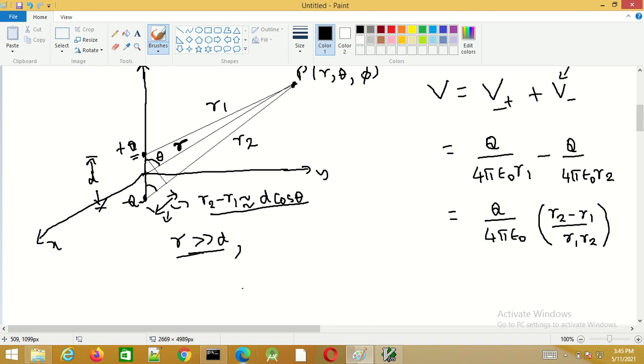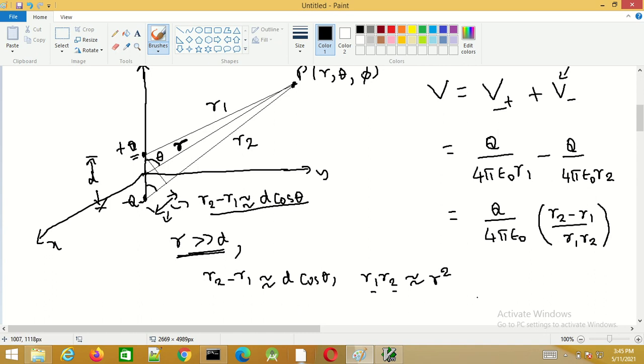Under this assumption R2 minus R1 is approximately equal to d cos theta, and because R1 is approximately equal to r and R2 is also approximately equal to r, R1 R2 can be written as r square.